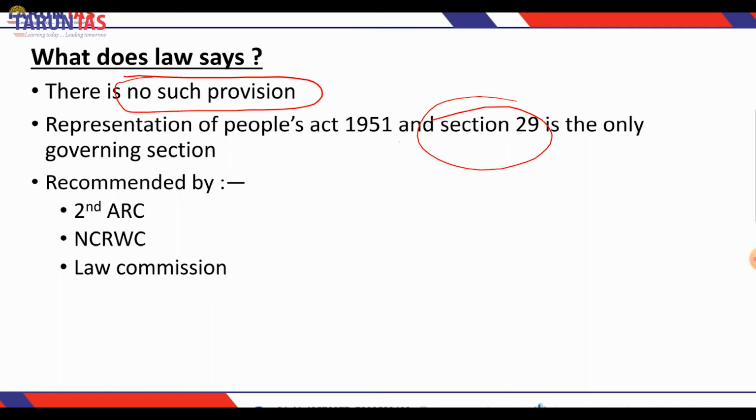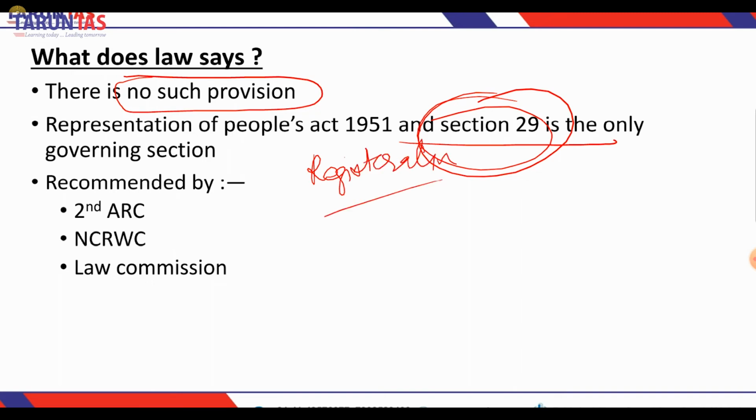What does this act say? Section 29 only talks about the registration of political parties. That means there is no such provision, either by law or even by order, giving power to the Election Commission of India to establish inner party democracy when it comes to the political parties.